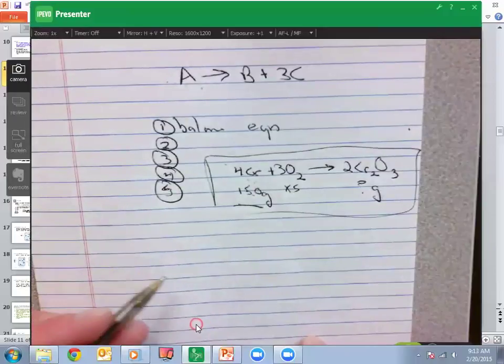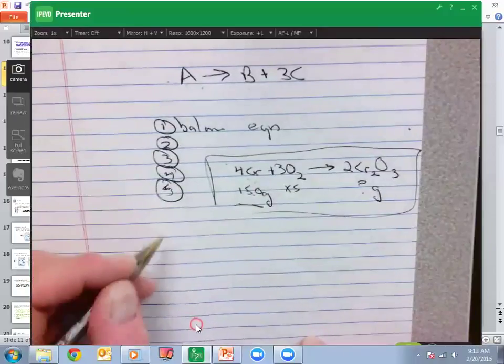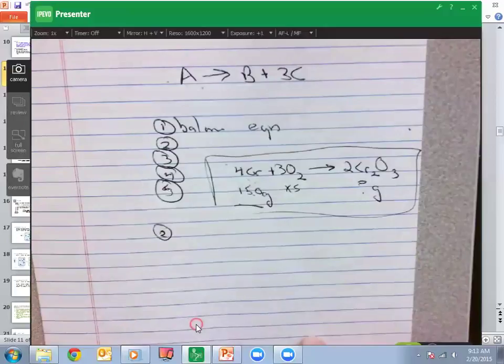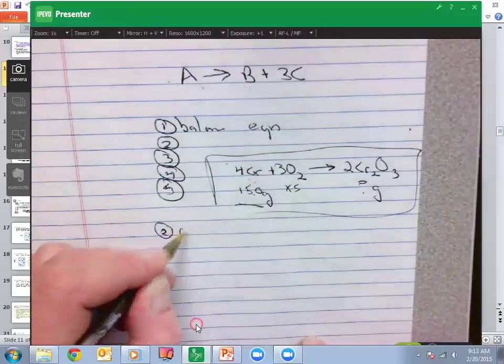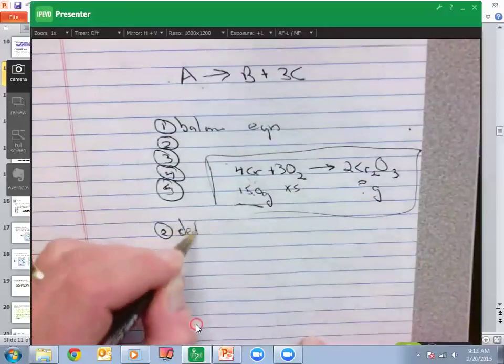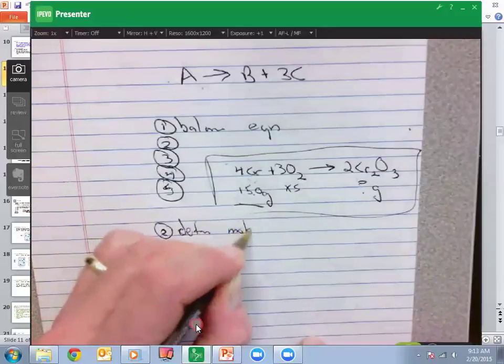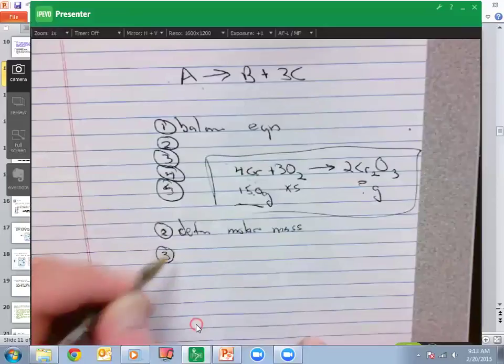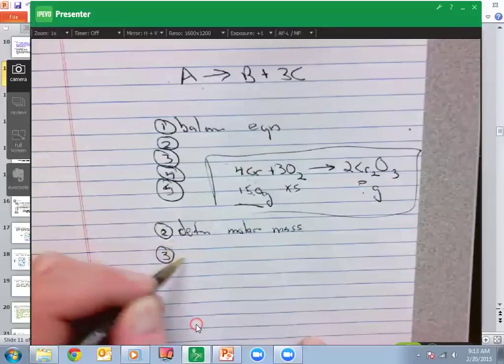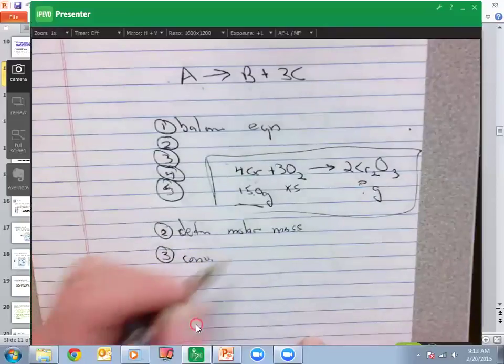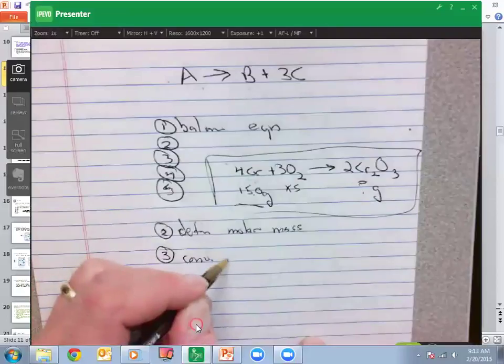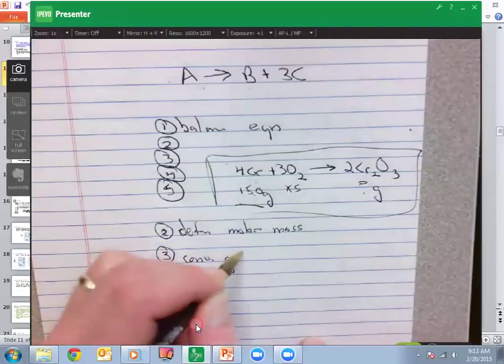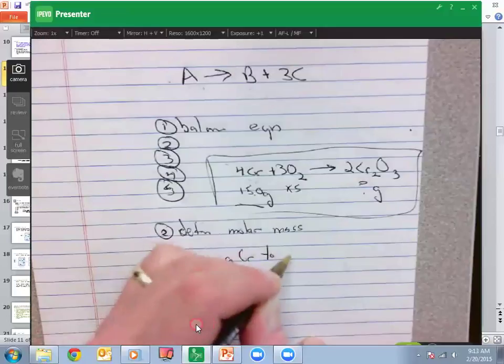First step is to balance. What was the second step? Determine molar mass. And what did you do then? Convert the grams of chromium. Grams chromium to what? Moles.